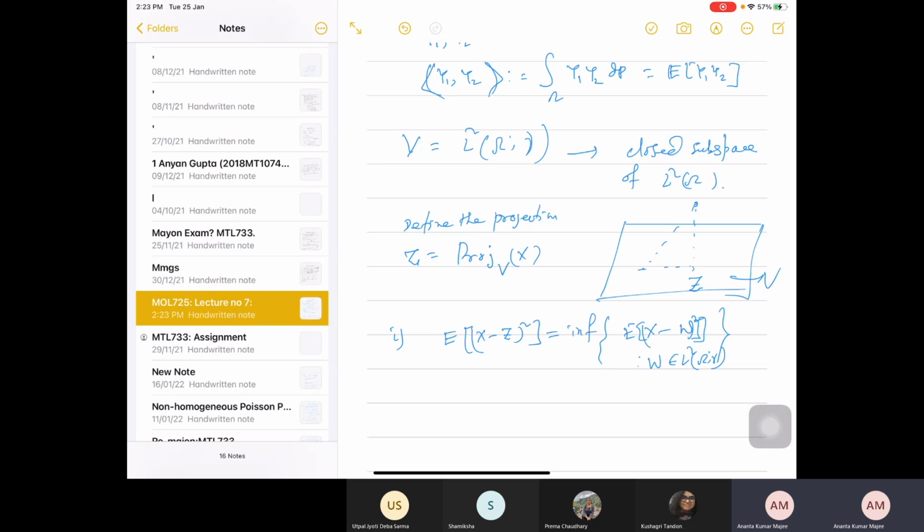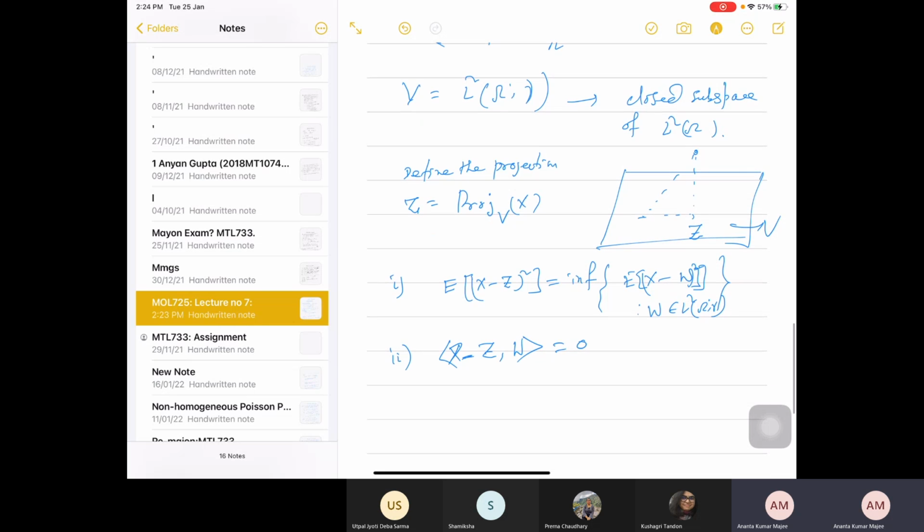And not only that, you have some kind of orthogonal properties, is it not? The second is that x minus z and w are orthogonal. That means the inner product is equal to 0 for all w in this space L2 of omega, F, nu.